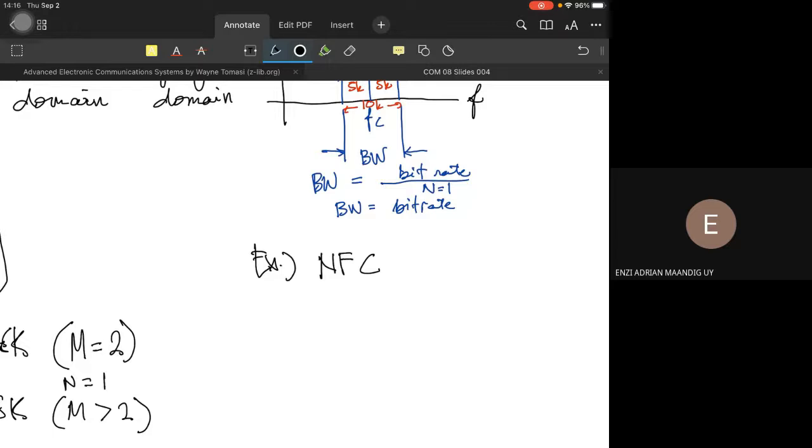Is this familiar? Not fighting championship, near field communication. Who has observed this? You usually see it on phones, in the drop-down menu where you check wifi and other settings.